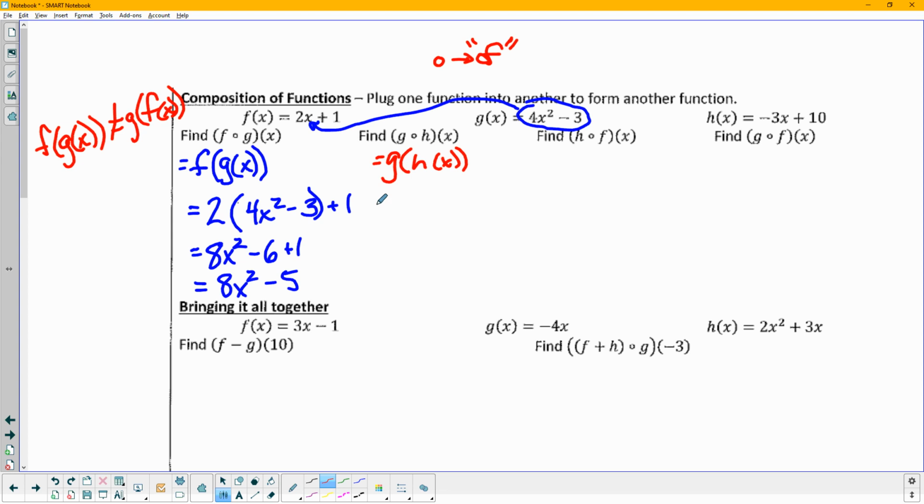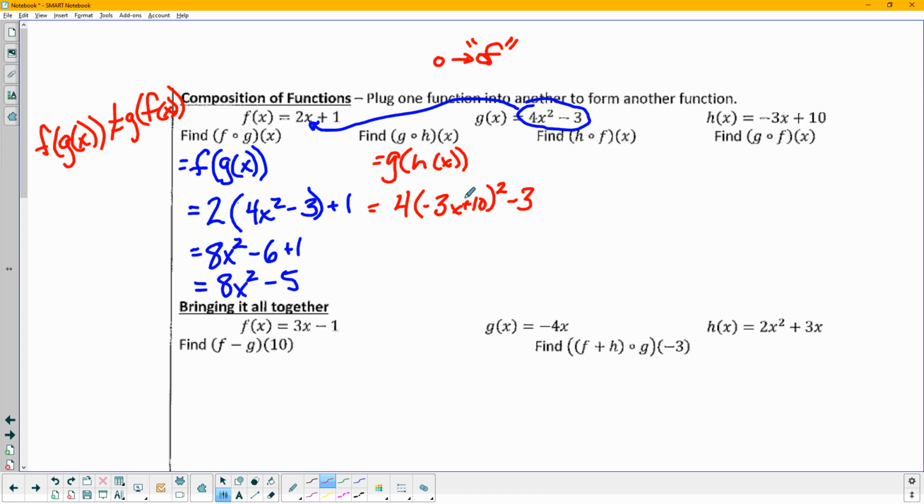So I'm going to take h of x and plug it in as the x in g. So this one's going to be a little bit complicated. We've got negative 3x plus 10, and we're going to square that and then subtract 3.